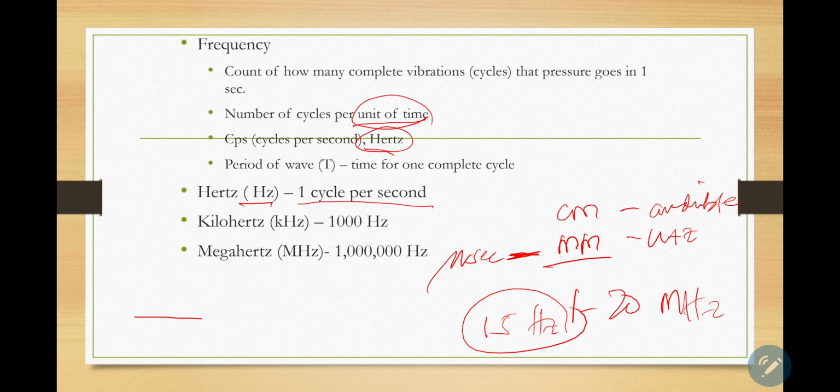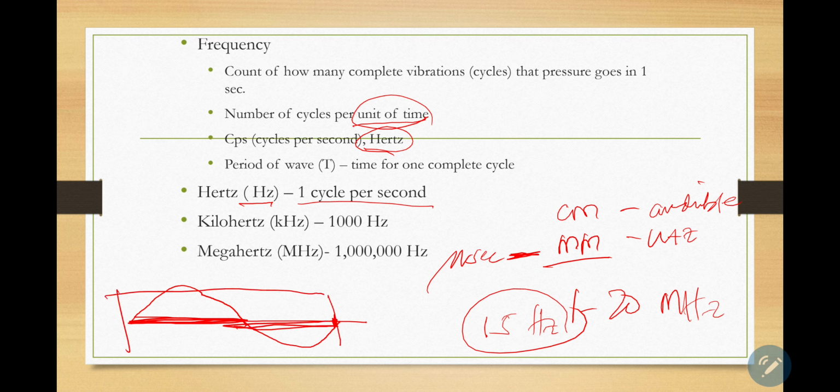So if this is your reference, the wave is from here, it travels up, it travels down. When it reaches that particular area, it is usually already equal, and then it goes down and then goes up, and when it reaches the same level where it started, that now completes one cycle. Okay, so that is frequency.